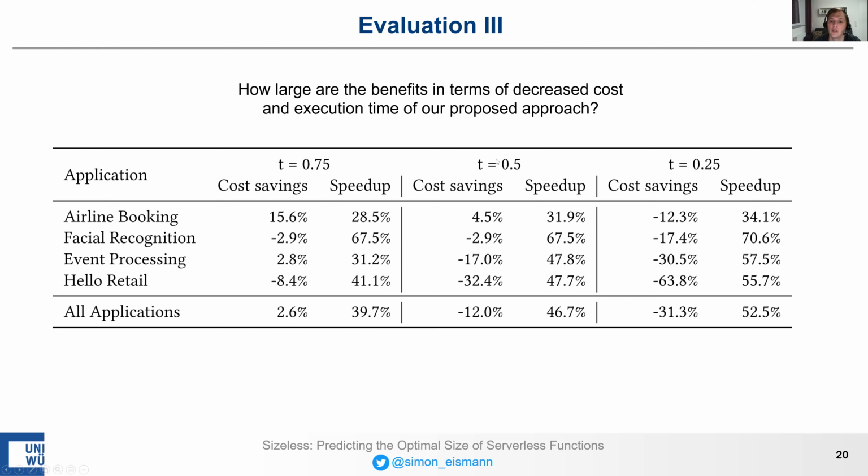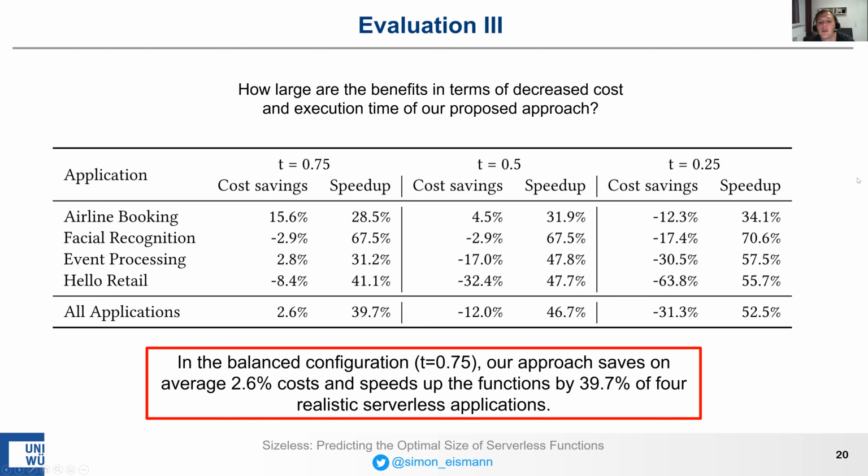Once we lower the trade-off parameter, we see that the cost savings decrease, and we get a higher speed up. You can see that the trade-off parameter works finely. And if we use it in our balanced configurations, our approach saves on average 2.6% costs, while at the same time speeding up the function execution by 40%.